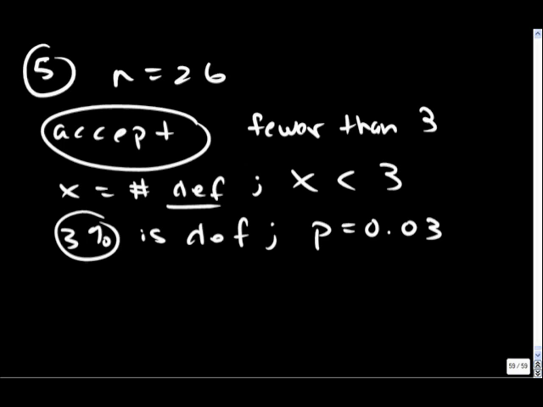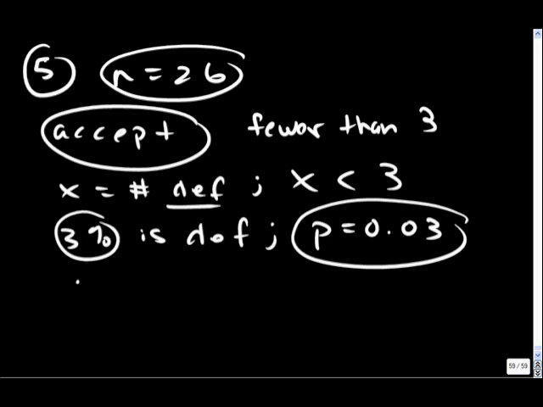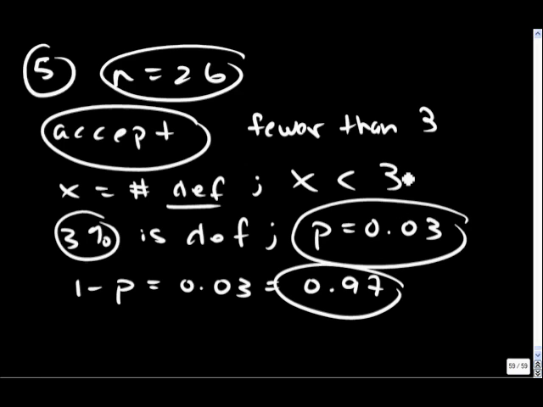So we have N, we have P, we have the complement of P to be 0.97, and we have, ladies and gentlemen, the values of X. All the information needed to answer the question.